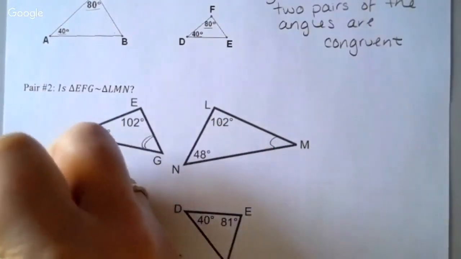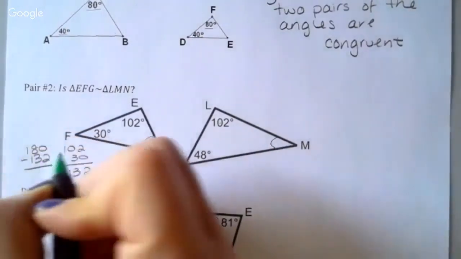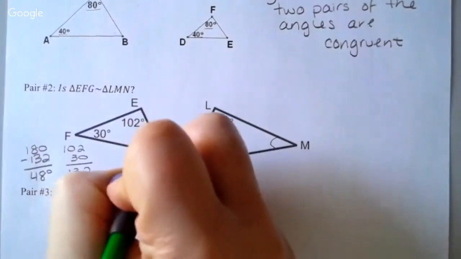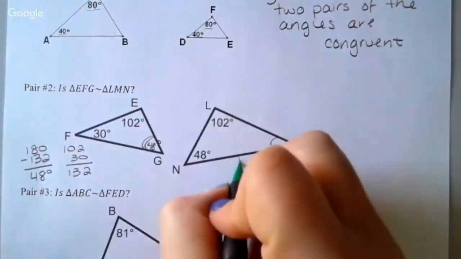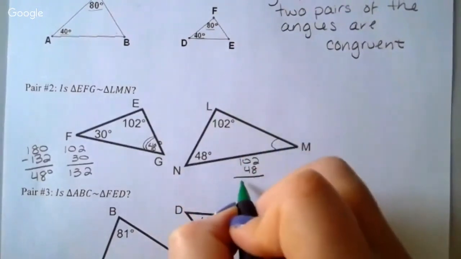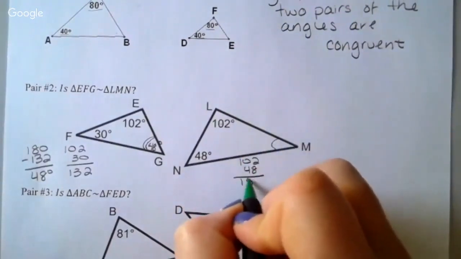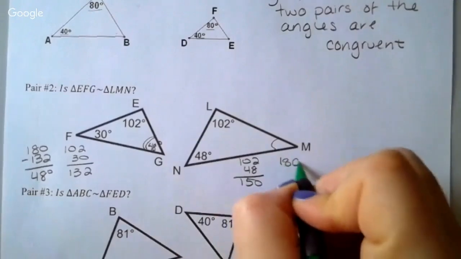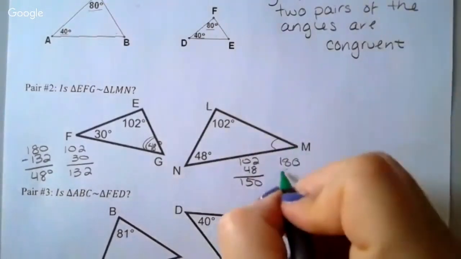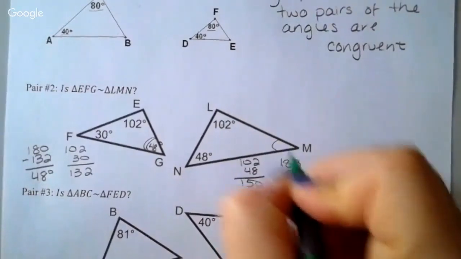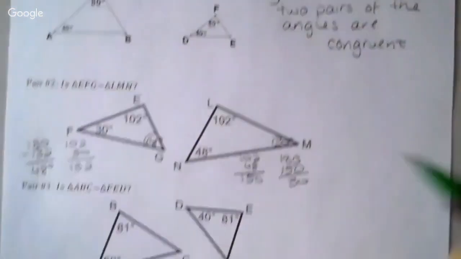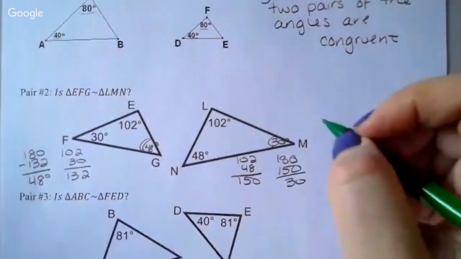So I will subtract that from 180 and see that that would be 48 degrees. So this angle is 48. And over here, I'm going to do 102 and 48 and see that I've got 150. And then 180, take away that 150, would give me 30. And so now I see that I have actually all three angle pairs.